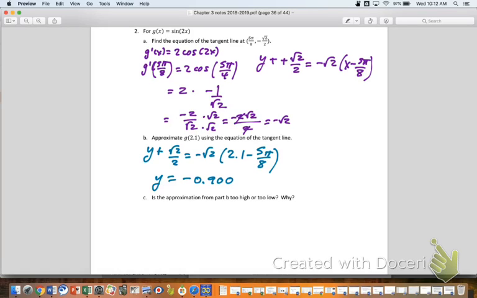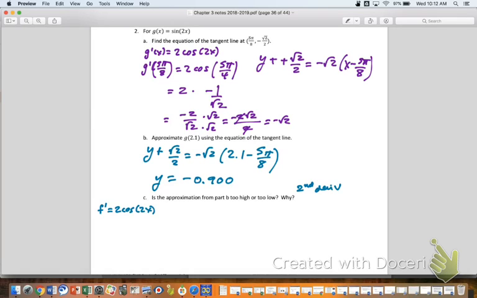Hey guys, listen carefully. I hope this reasoning makes sense to you. Same sort of reasoning here. We're going to use the second derivative to figure this out. Here's my first derivative from up above: f prime equals 2 cosine of 2x.